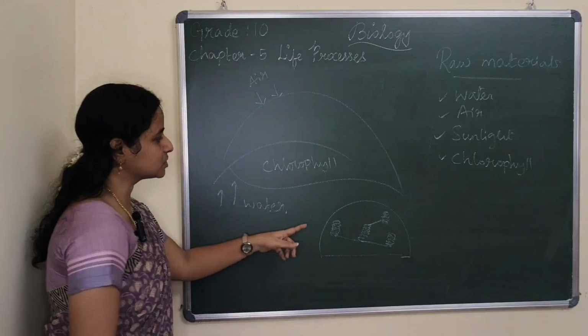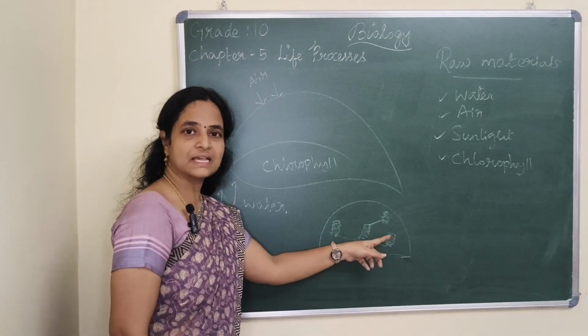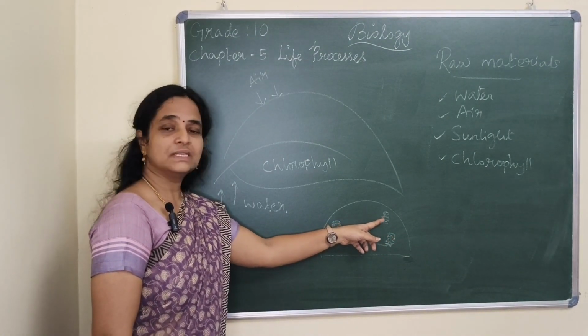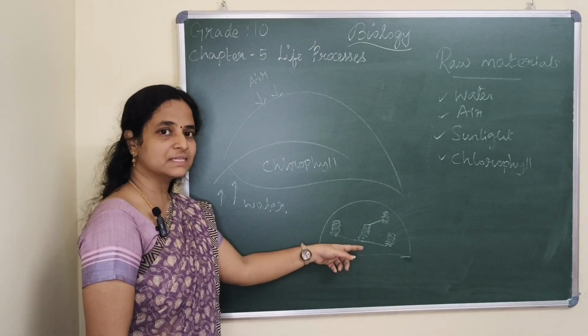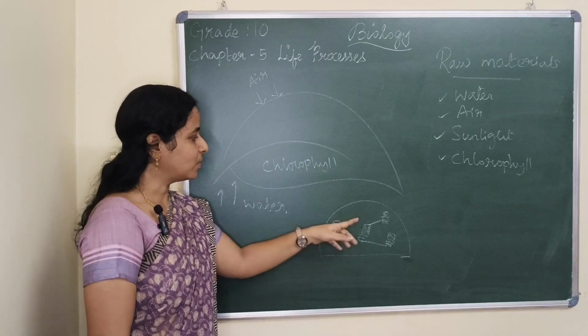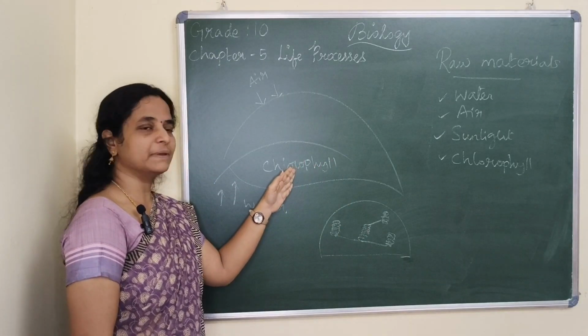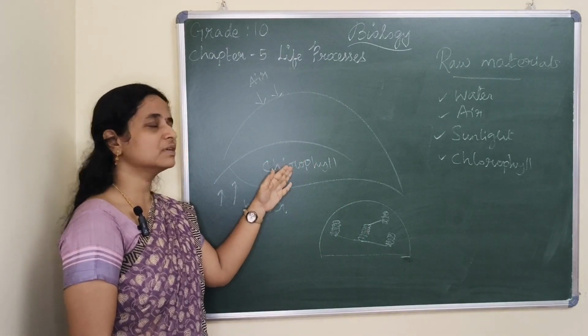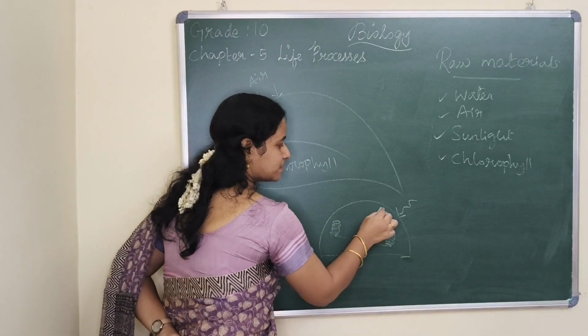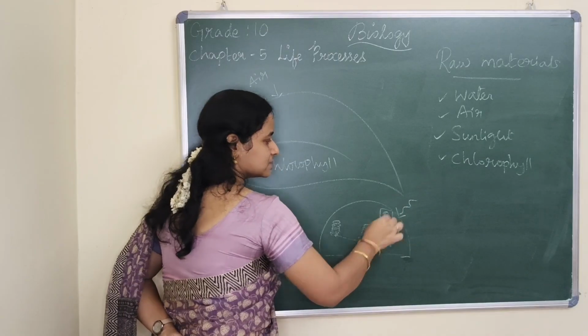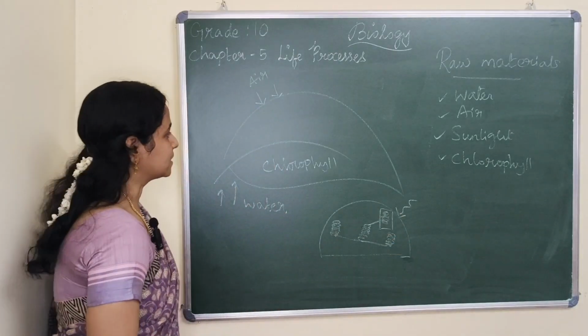You call these structures thylakoids, and the main function is to absorb sunlight. So where do you find this chloroplast? Within the leaf. Only this chloroplast will contain the pigment called chlorophyll. So the main function of chlorophyll is to trap sunlight. So this part is necessary to trap sunlight.